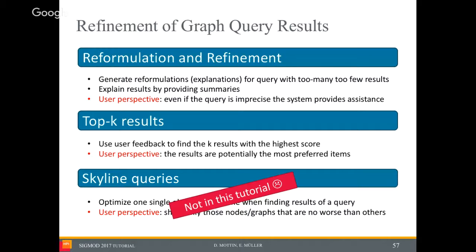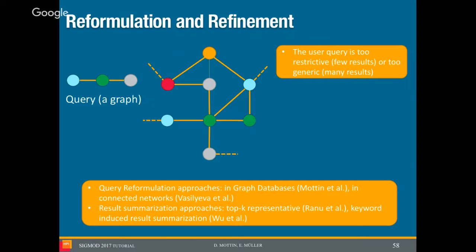Okay, so what is the reformulation, the refinement? As I already said, you look into your graph and you find a way of changing the query. Usually there are two or three different perspectives. First, the user is too restrictive, so there are zero results.